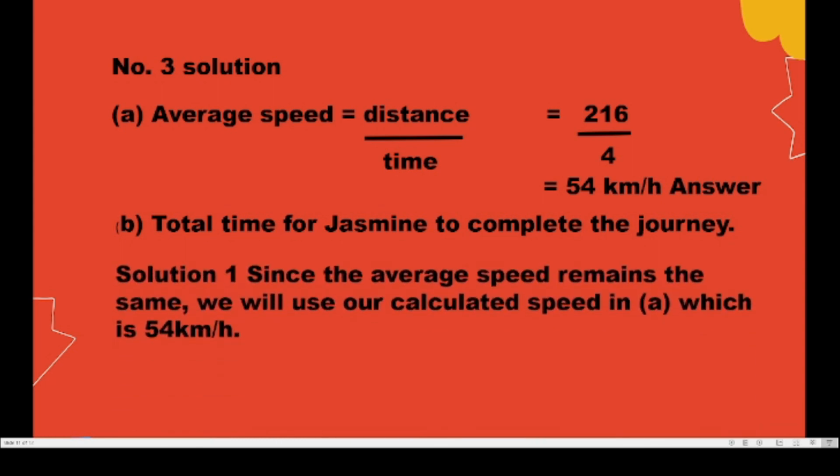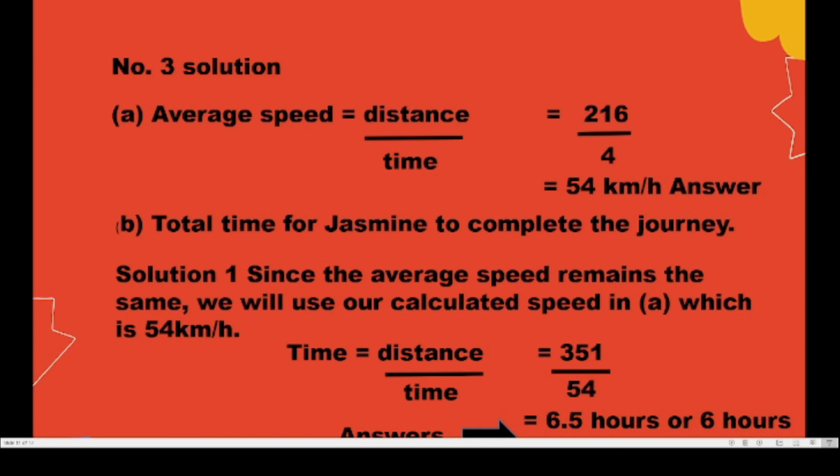Since the average speed remains the same, we will use our calculated speed in A, which is 54 km per hour. Time is equal to distance over speed. Our distance is 351 over 54. And the answer is 6.5 hours or 6 hours and 30 minutes.